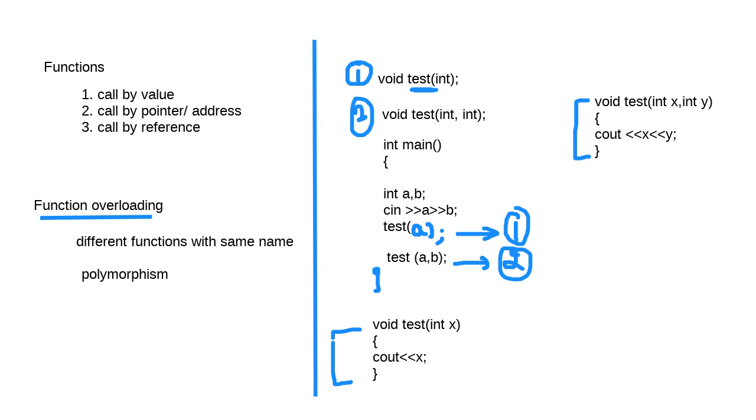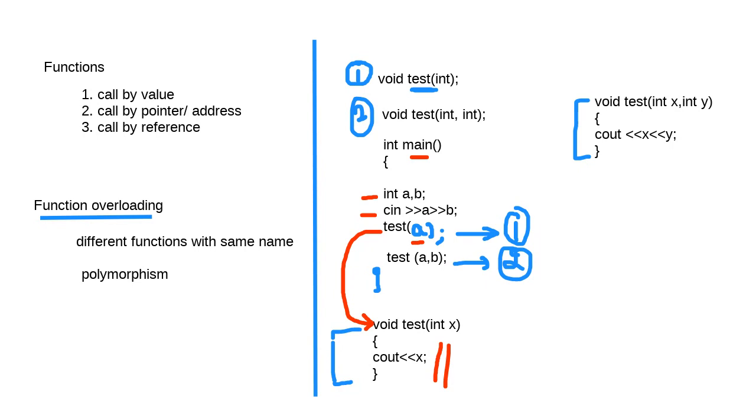Now when we start execution of main, two variables will be created. You take the input and then call test with a single argument. When the call is made to test with a single argument, the call is transferred to this definition, and the value of x will be printed on the screen.